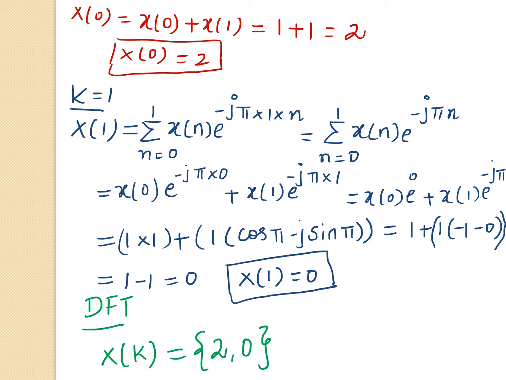So our X of 1 is equal to 0. So the total DFT of the given x of n is X of k, which is given by X of k is equal to 2, 0, which is X of 0, X of 1. So this is the method of using the formula to determine the DFT of the given x of n.